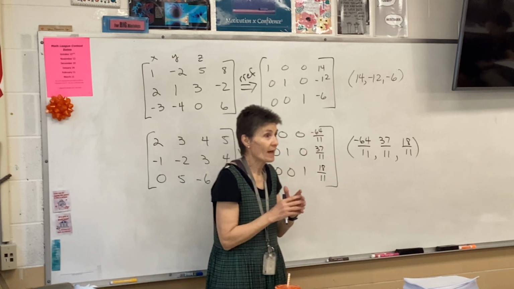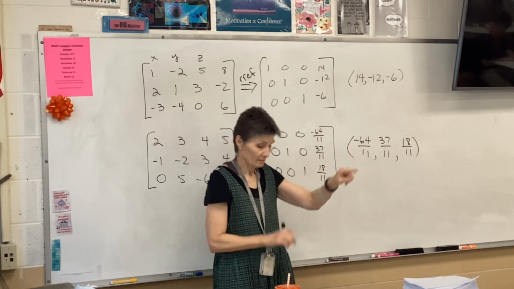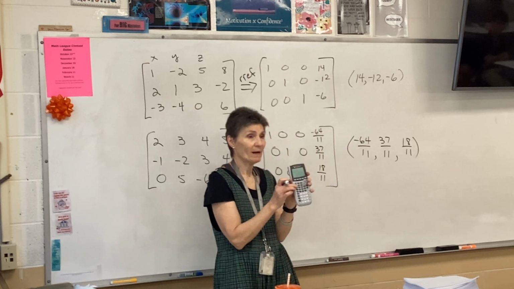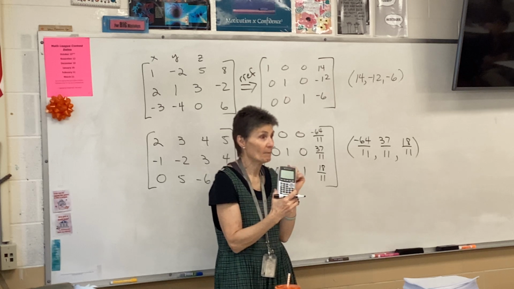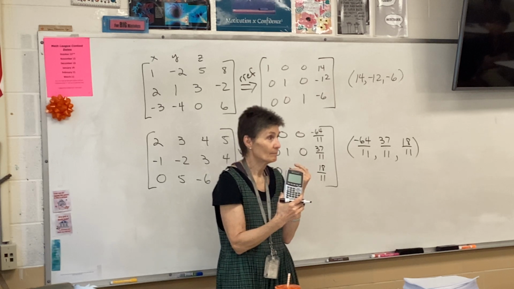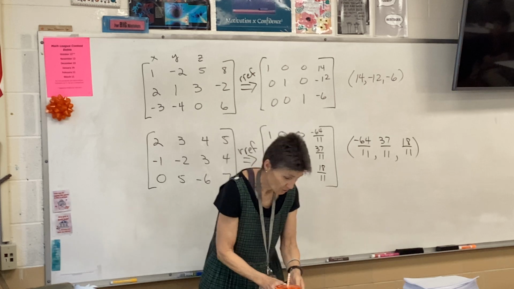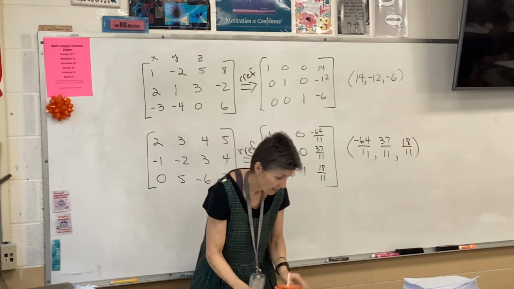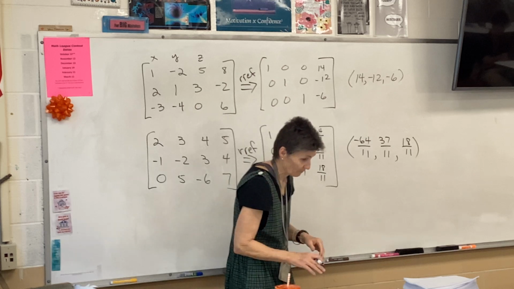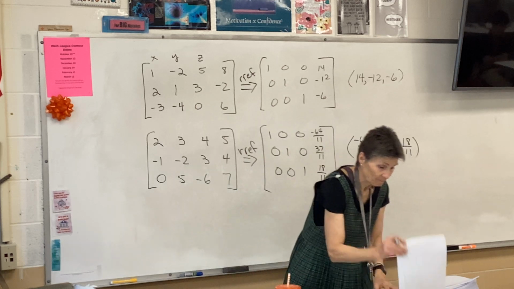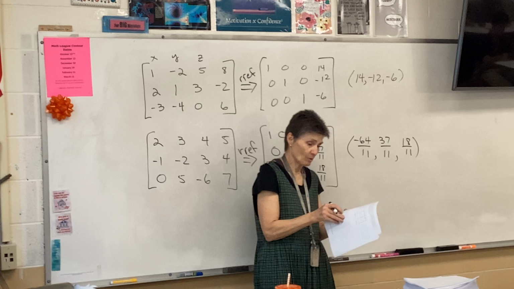How do I handle that? Math, the math button, and then frac, the first option that comes up highlighted. Got it? All right. So next time we're together, that is what we will do first. Okay. Now let's get our notes.